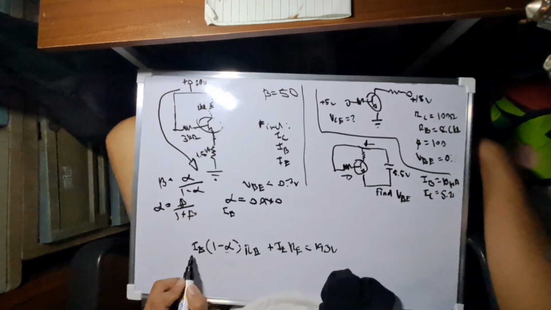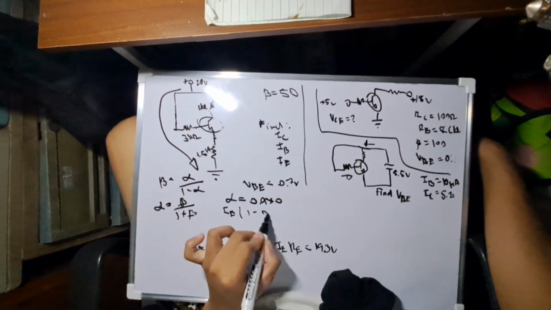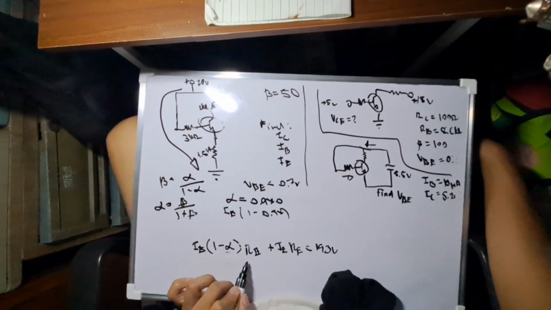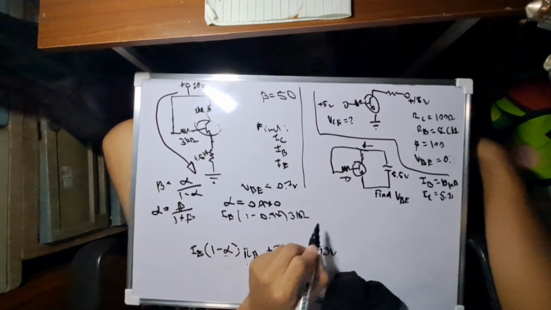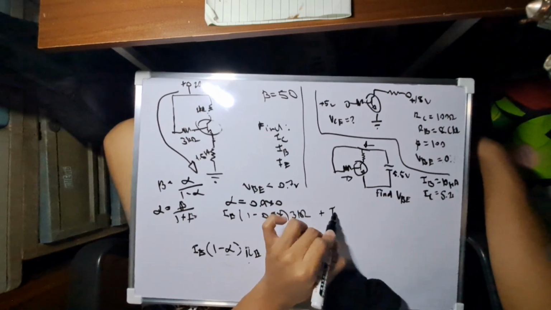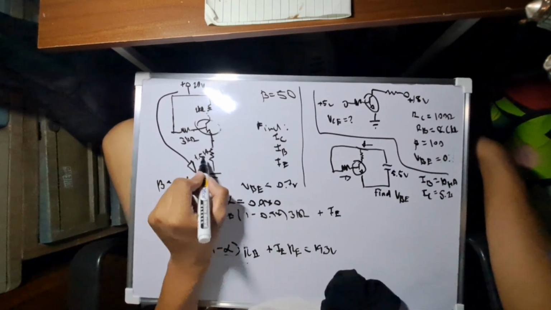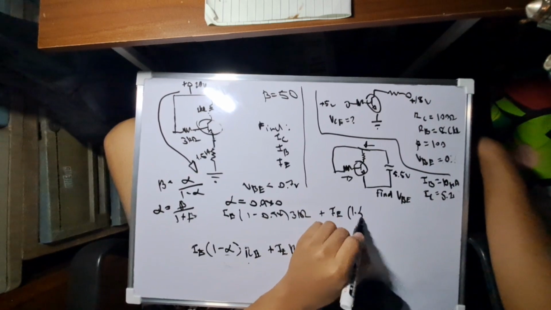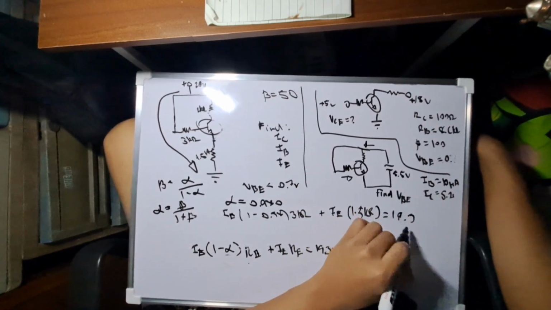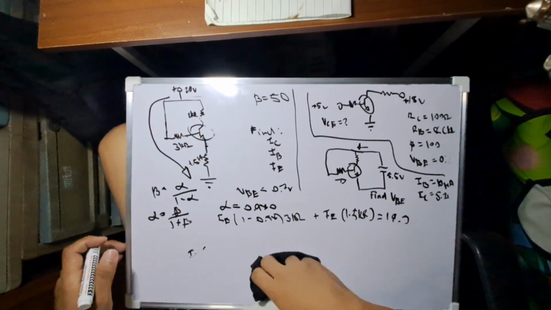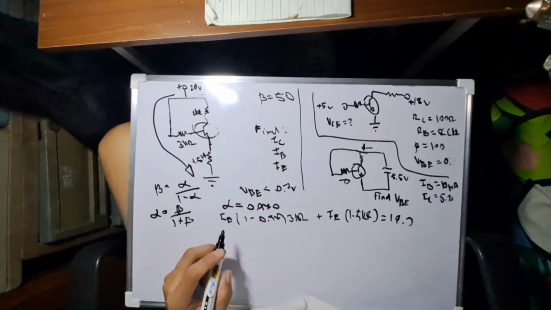IE from this equation, 1 minus 0.98, RB now is 3 kilo ohm, plus IE din, RE is 1.5 kilo ohm is equals to 19.3. So let's factor IE.